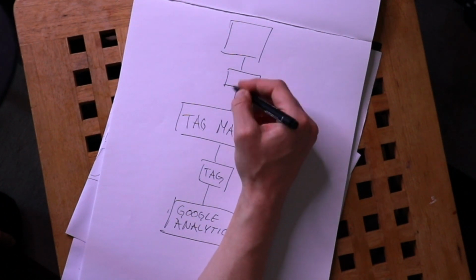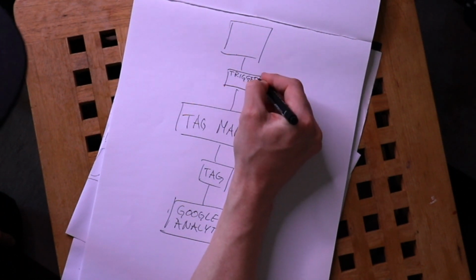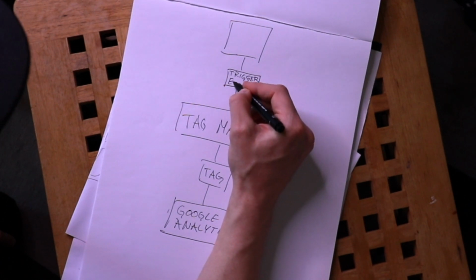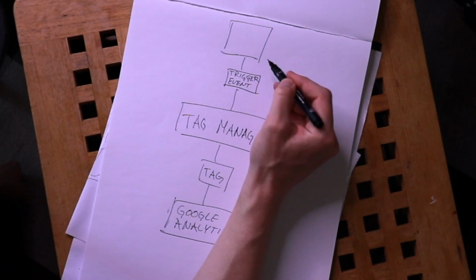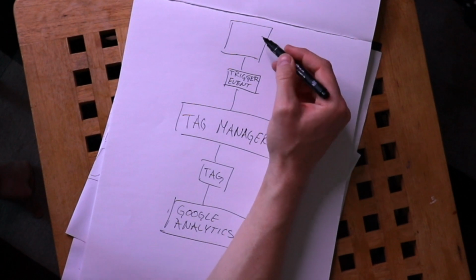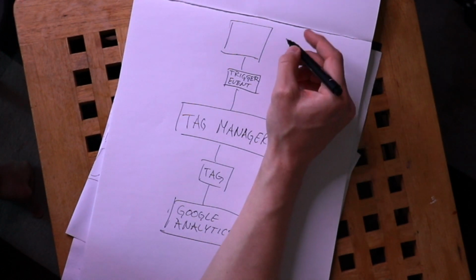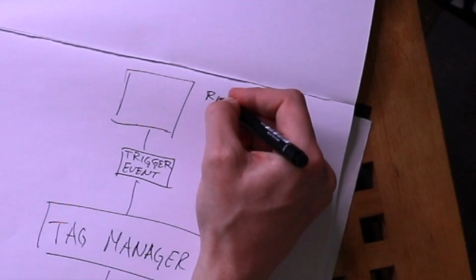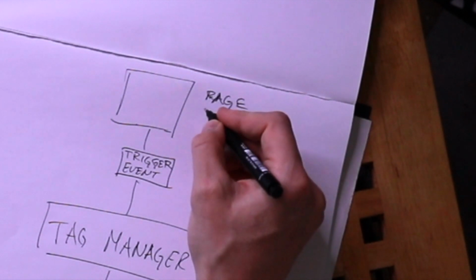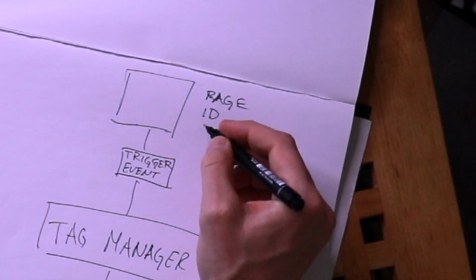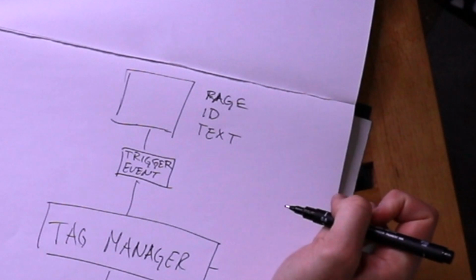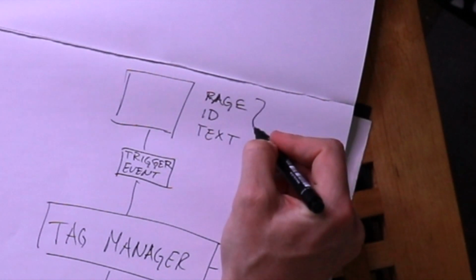So you create a trigger in Tag Manager that listens to an event that is specified by the page they're on, or the button ID, the button text, etc. So you can define whatever click.